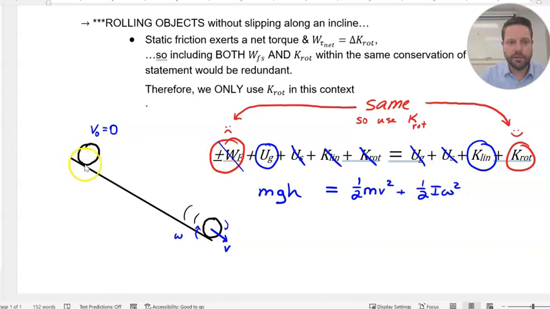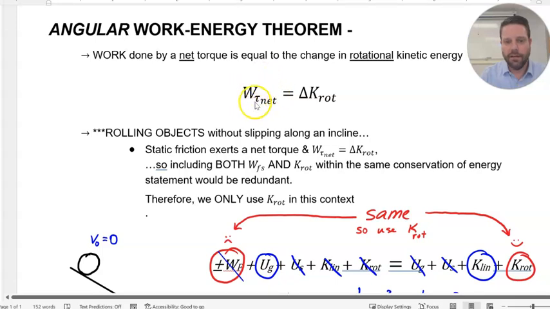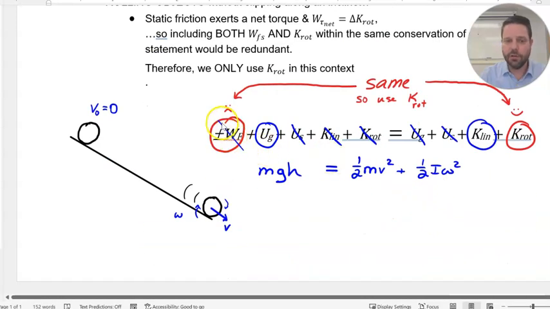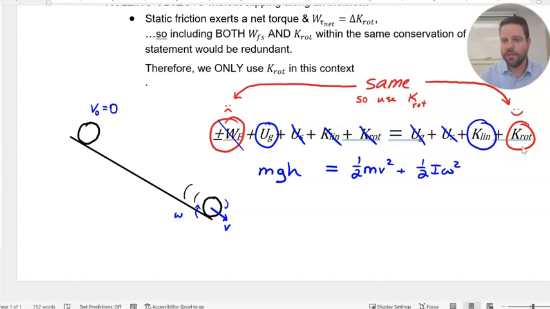So static friction is going to exert a force going up the incline, and that force actually causes this object to start to spin because that force exerts a torque. So is it doing work? Yes. However, because the work done by that friction torque goes into k rotational, it would be redundant to include both the work done by that friction and k rotational in the same equation.